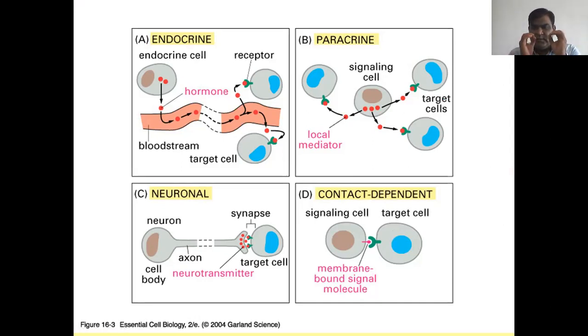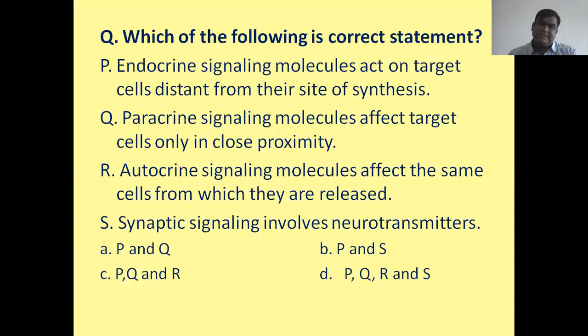So the kind of signaling where the two cells are closest is contact dependent or juxtacrine signaling, and paracrine comes thereafter. In paracrine also, cells are nearby, but still a bit far. In this, the two cells communicating with each other are very close. This fact is asked in so many exams.